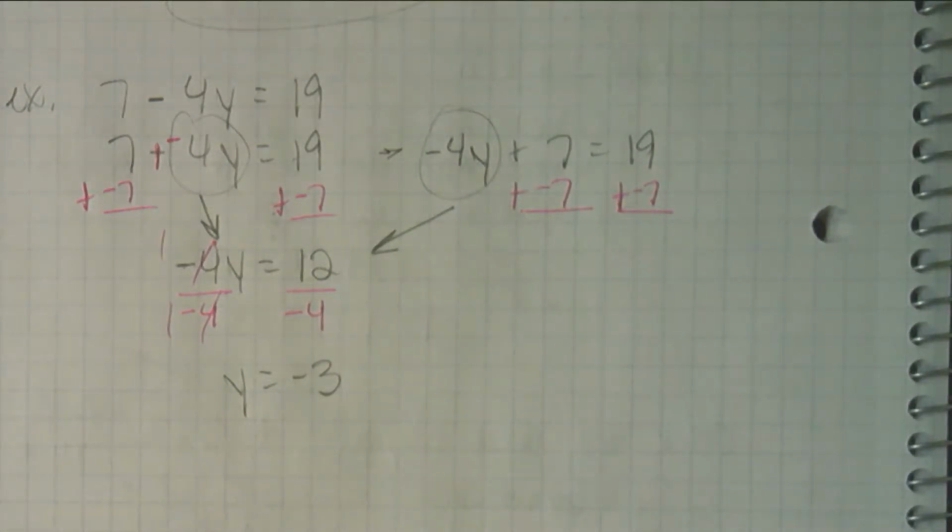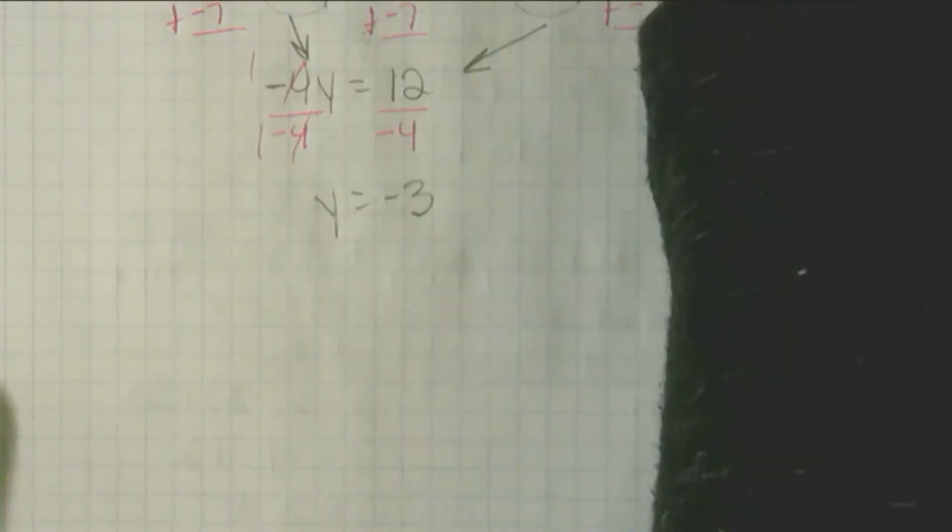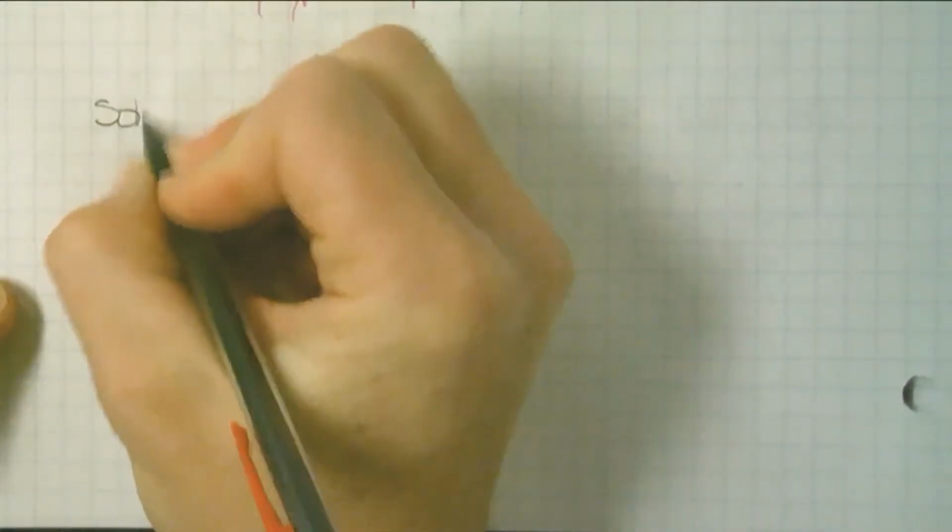Okay, so let me give you a bunch that I want you to practice. Let me write them down here. Just do one at a time; you don't have to write them all down at once.